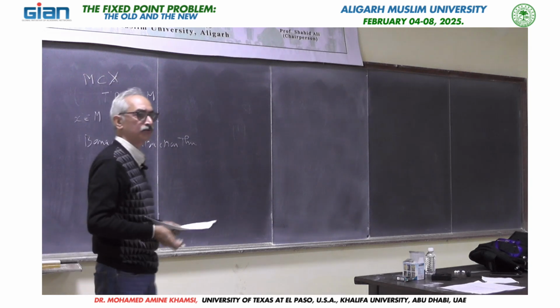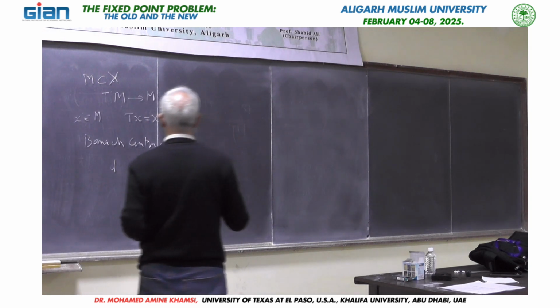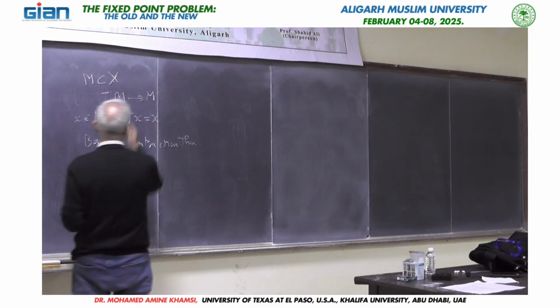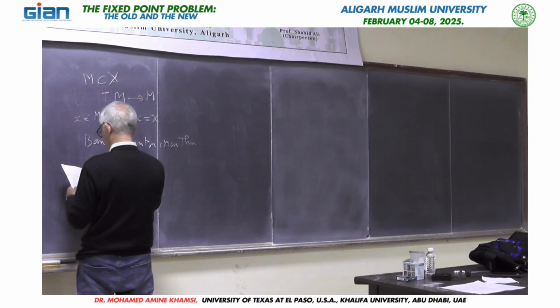Principle or theorem. It says that if you have T like this, and here X you can take a metric space also in general, so we will be taking d rather than the norm. So d is a metric there.